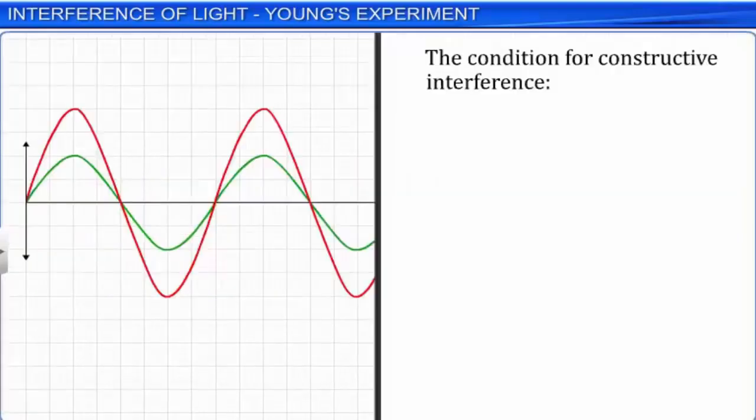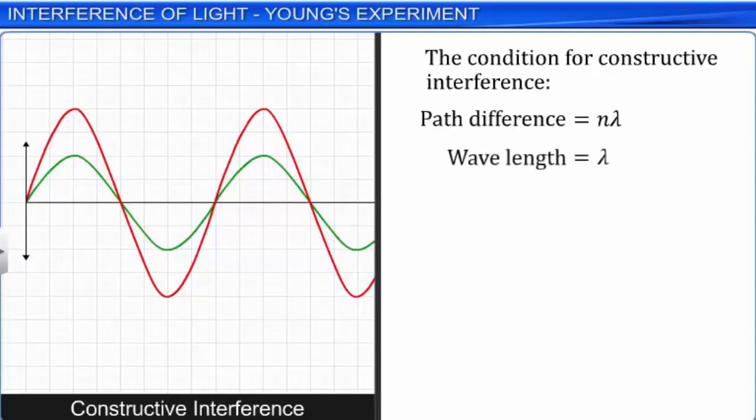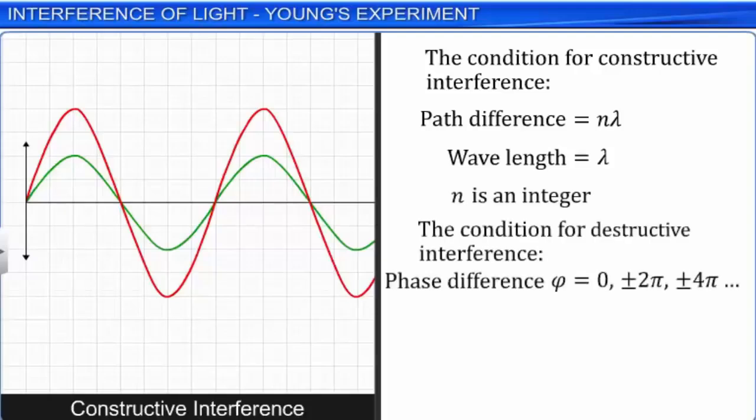You have already learned that for constructive interference, the path difference must be equal to n lambda, where lambda is the wavelength of light used and n is an integer. In terms of the phase difference, phi, the condition for constructive interference is given by phi is equal to 0 or plus or minus 2 pi or plus or minus 4 pi and so on.